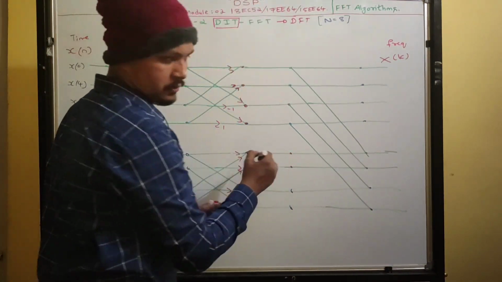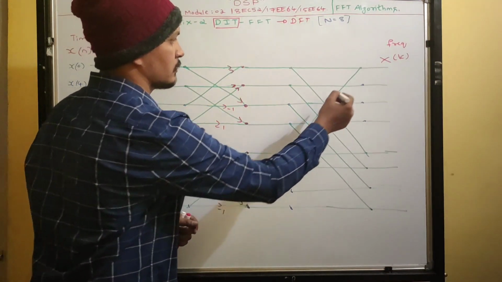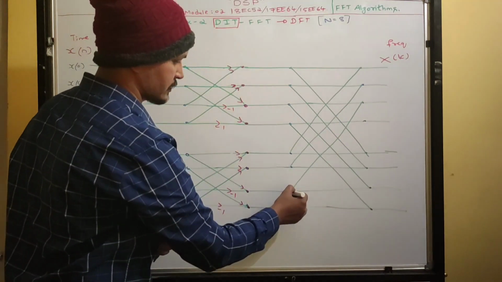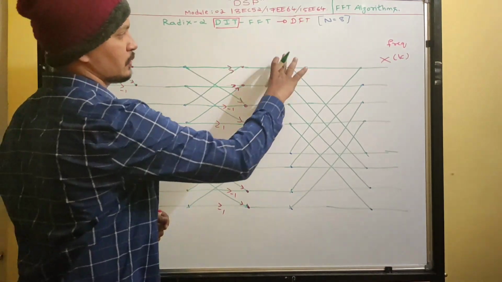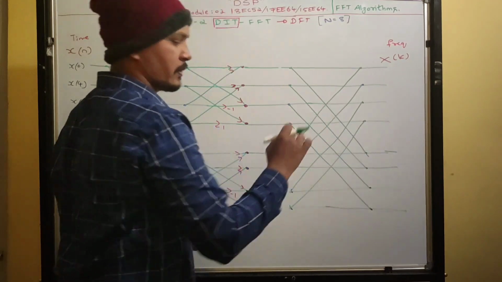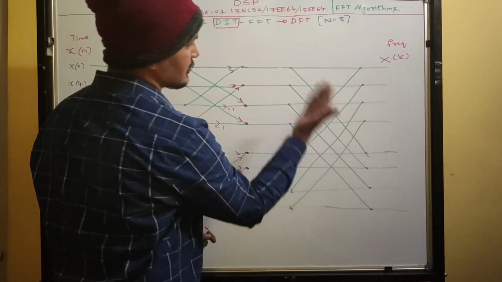Otherwise, you may connect it in some other order that does not look good. So draw like this. Understood? In top group and bottom group, top group first one is connected to bottom group first one. Like that you can remember. Now all lines are connected.